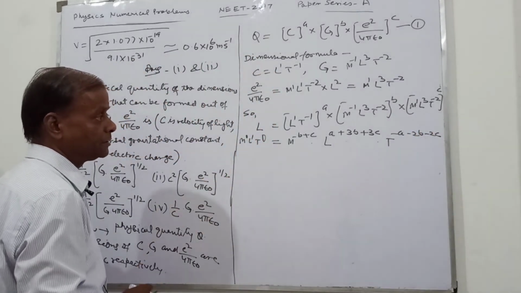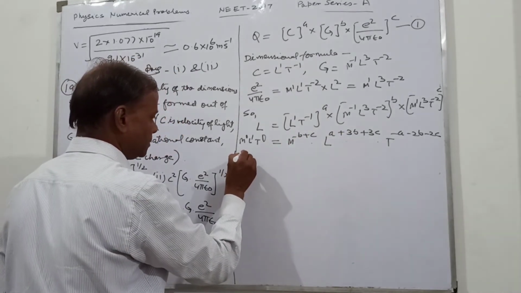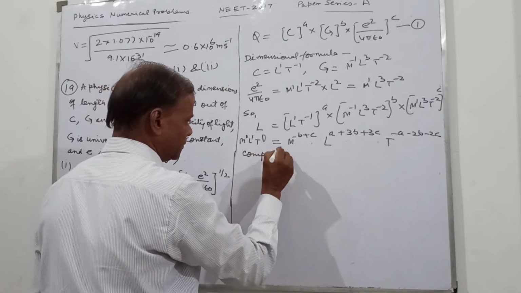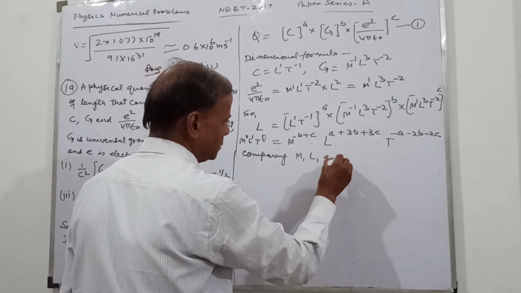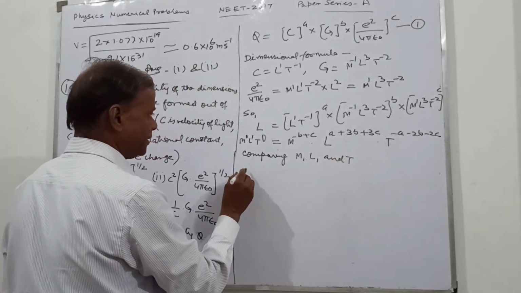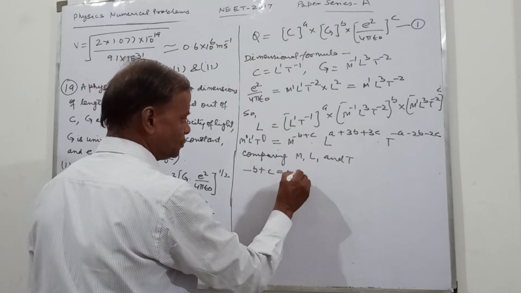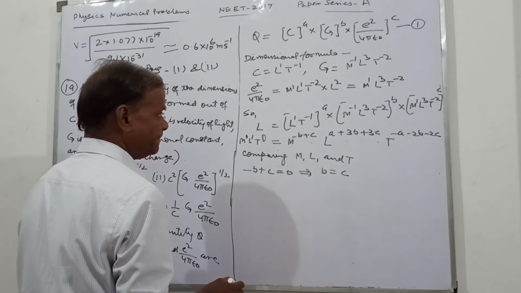Now compare these powers of M, L and T. What we have is minus b plus c equal to 0. So this gives b equal to c.